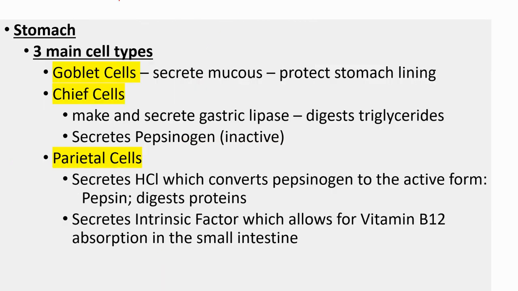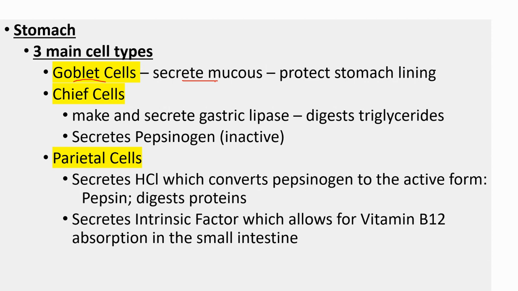Now, in the stomach, there are three main cell types that you need to know, and you need to know their function. So you've got goblet cells. If you remember, we talked about this back in AP1. They secrete mucus, and they're there to help protect that stomach lining, because within the stomach, you're going to have a lot of hydrochloric acid to help digest those proteins a little bit. And you don't want that hydrochloric acid eating away at the lining of the stomach.